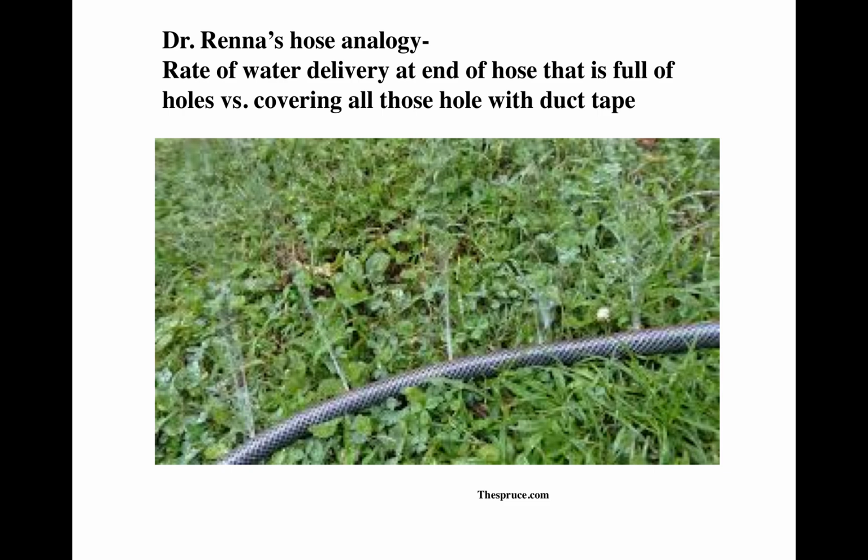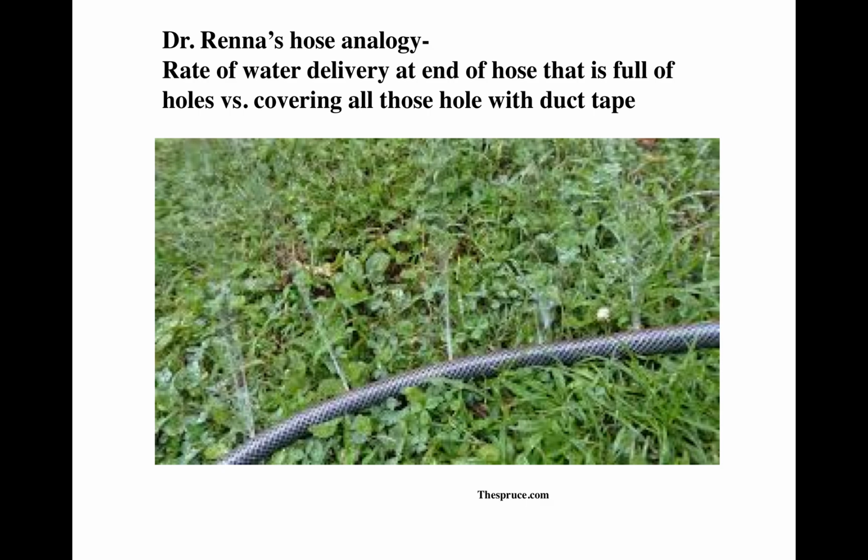If you have a garden hose that is full of holes, like you can see here, that's going to affect how much water comes out the other end, because you're going to lose a bunch of water along the way. Okay, and so the speed at which the signal is arriving at the other end is slowed down just because you're losing a lot of the signal along the way. Okay, that would be an unmyelinated axon.